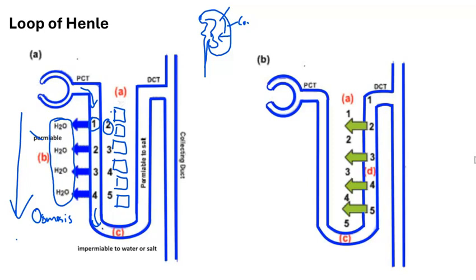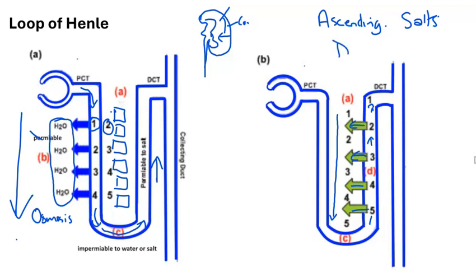As the filtrate turns at the base of the loop of Henle, it then proceeds upwards, like so, into what is called the ascending limb. Now, the ascending limb is permeable to salts. And as the filtrate moves up, with the permeability and the concentration gradient in the medulla tissue fluid, salts gradually diffuse.